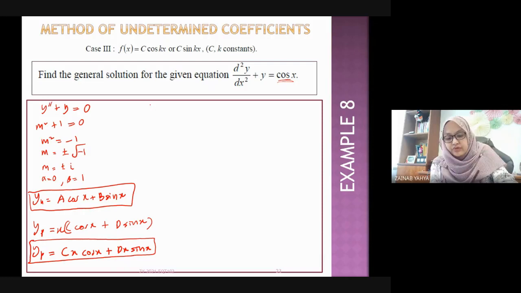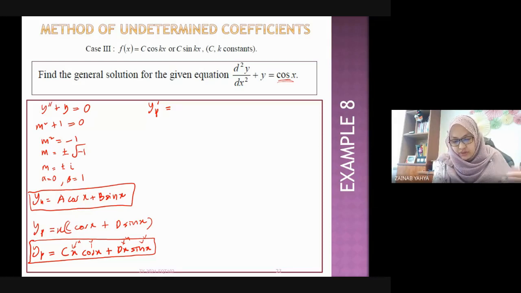Now you need to find yp prime. This one you need to use the product rule, because it's a multiplication of x and cos x. x is a polynomial, cos x is trigonometric, so they are combined by multiplication, so you need to use the product rule. Let us assume this is u, this is v.